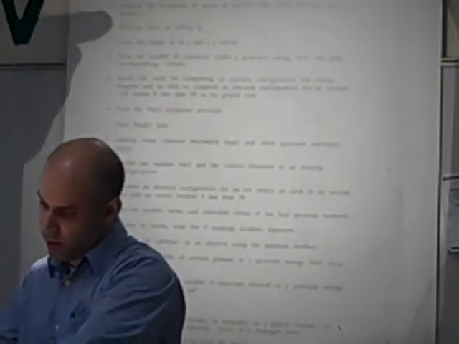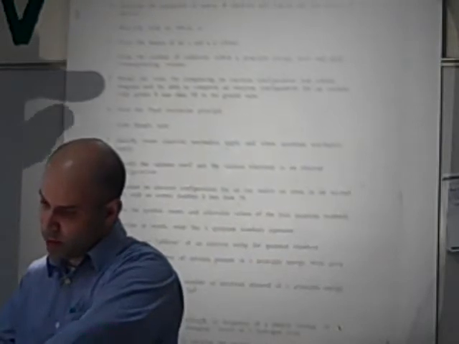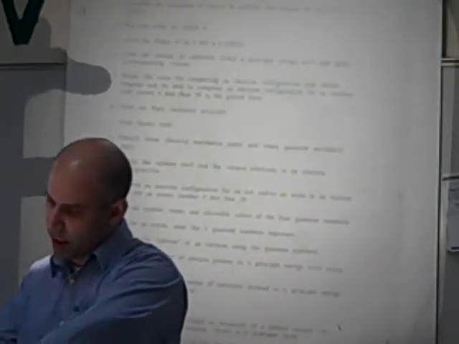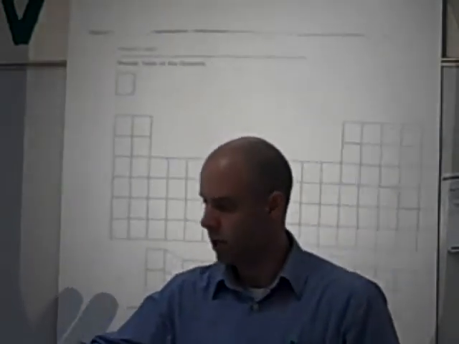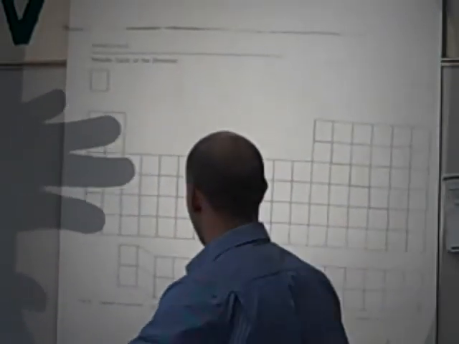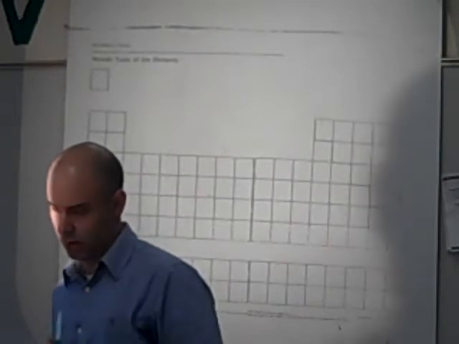So one thing I want to review with you is the rules for completing electron configurations and orbital diagrams and being able to build the periodic table. So if you have a pen or a pencil, we're going to fill in the periodic table here.